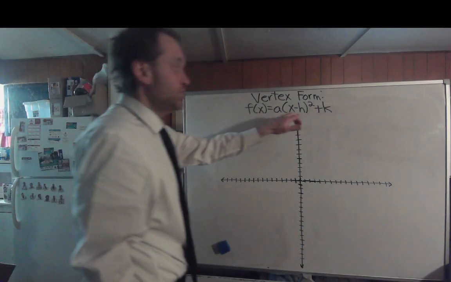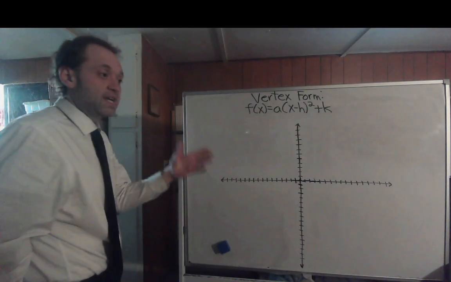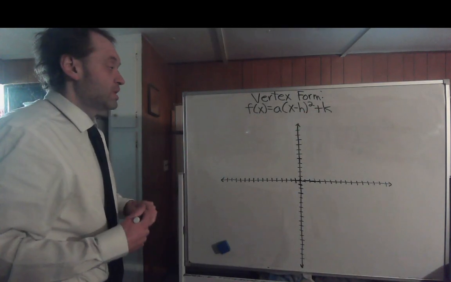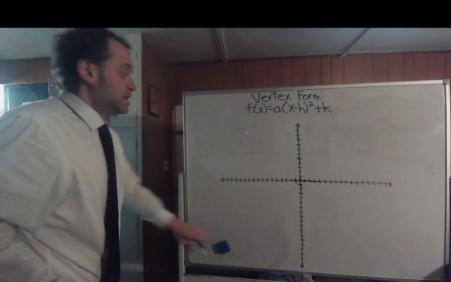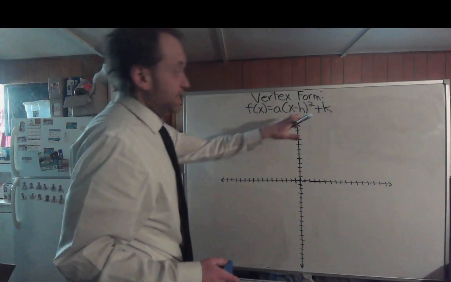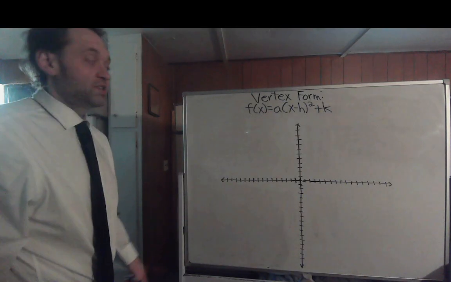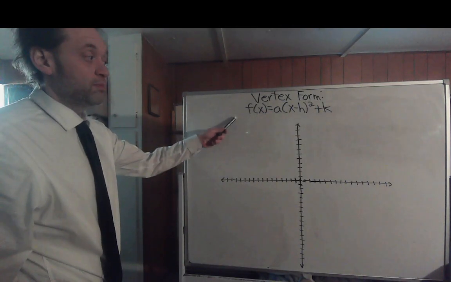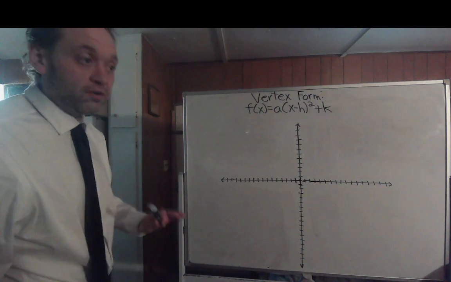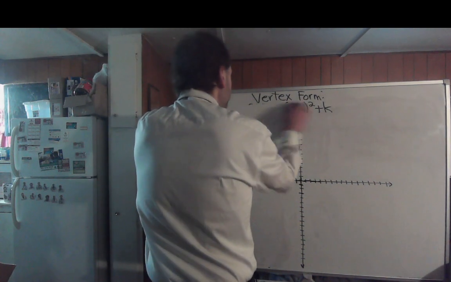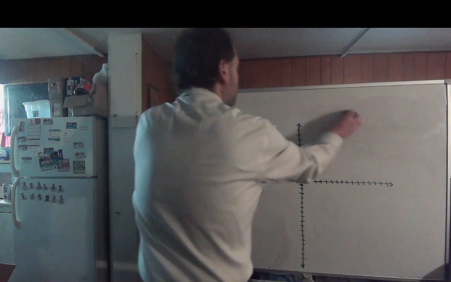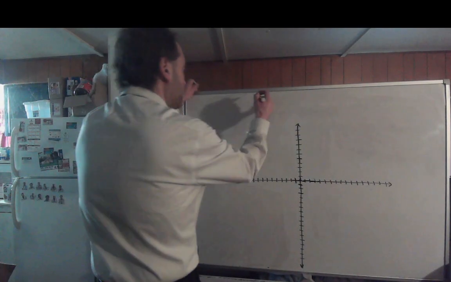So it literally gives you your x and y-coordinate of the vertex right here. And the x minus h also gives you your line of symmetry. So with the vertex form, actually you got your work cut out for you. So let's do some examples of that. Then there's one more form after this.